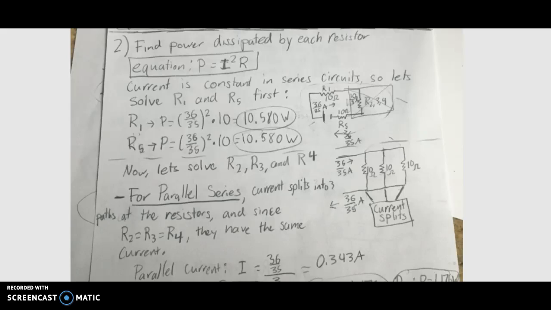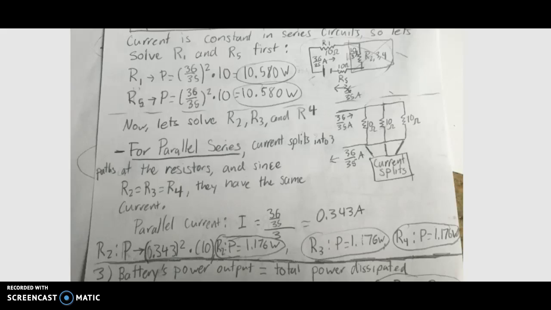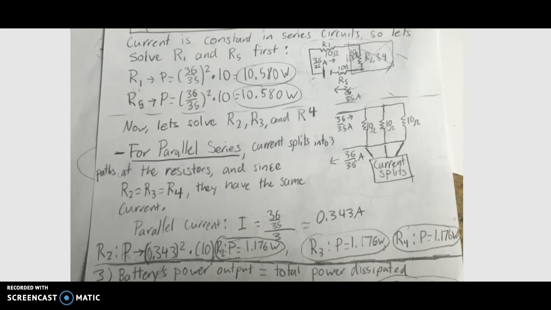For this particular parallel section, the current splits into 3 paths at the resistors. And since R2, R3, and R4 have the same resistance, they also have the same current, believe it or not. So this problem is much easier than a lot of other current problems, because we just divide the 36 over 35 amps by 3, and we're left with 0.343 amps going through all of the 10 ohm resistors R2, R3, and R4.